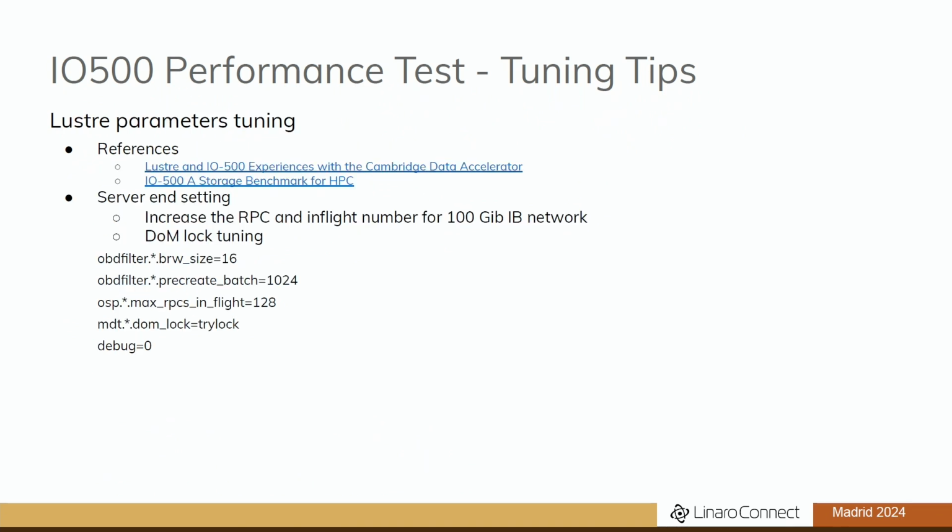And for the Lustre tuning, we refer to other people's previous work. That is, on the server end, we need to increase the RPC size and the in-flight number for the large IO network.